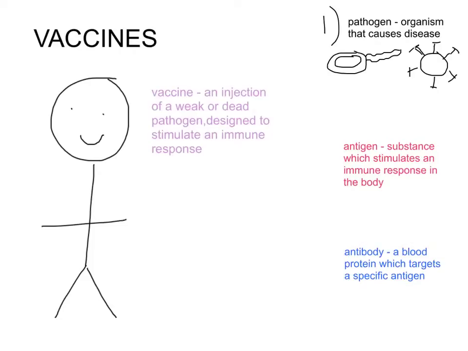So let's draw on very roughly. Let's imagine that we're getting an injection here. Clearly not the best picture, but imagine we're just going to give someone an injection, let's say into their shoulder, into the muscle of the shoulder, the deltoid.